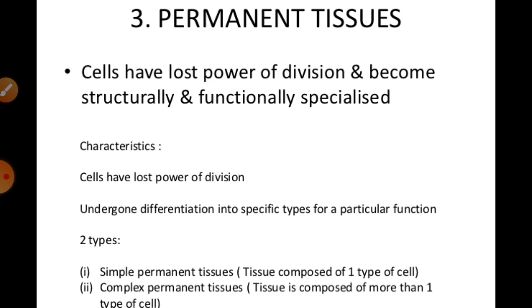The simple permanent tissue generally is composed of only one type of homologous cells performing the same function. But on the other hand, the complex permanent tissue is composed of more than one type of cells, and they may serve different kinds of functions in the plants.